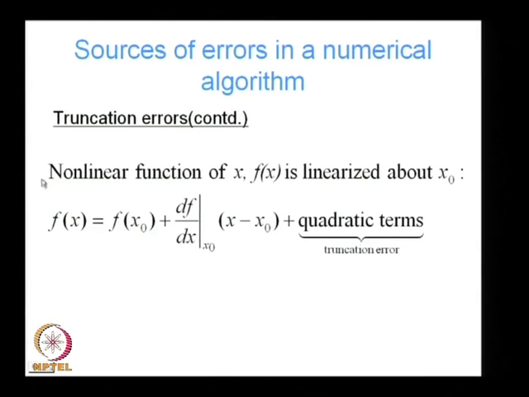For instance, if we are considering a nonlinear function f of x, linearized about the value x0, we can write f of x is equal to f of x0 plus the derivative of f with respect to x evaluated at x0 times x minus x0, which is the linear term, plus the quadratic terms which represent the truncation error.